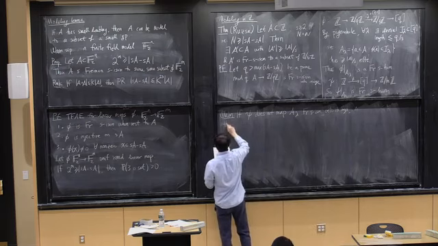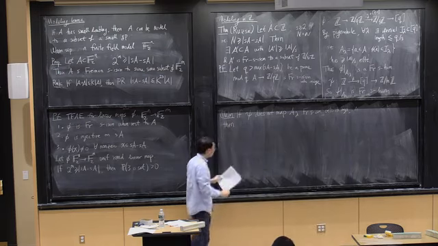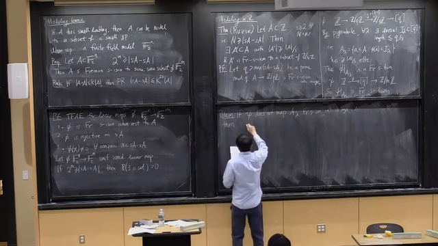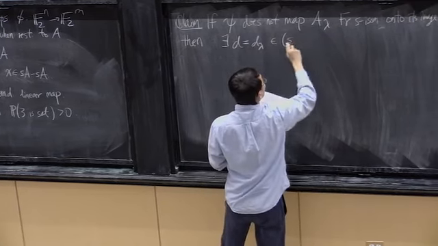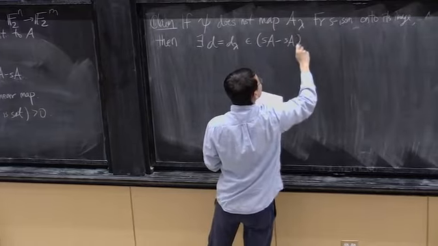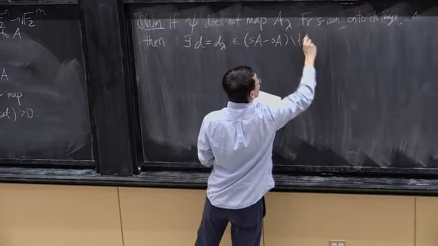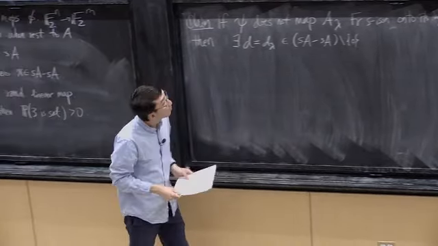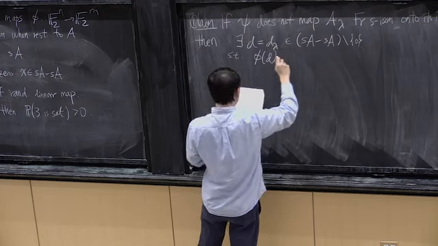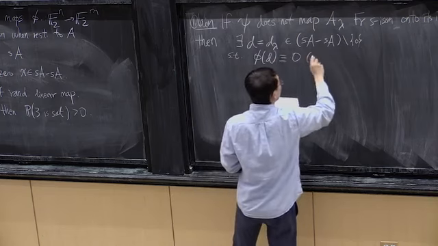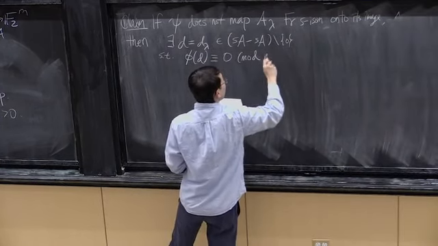So what could have gone wrong? Claim: there must be some d, which depends on lambda, in SA minus SA, and d is not 0, such that phi of d is 0 mod m.